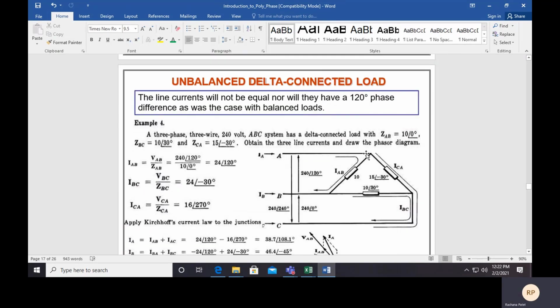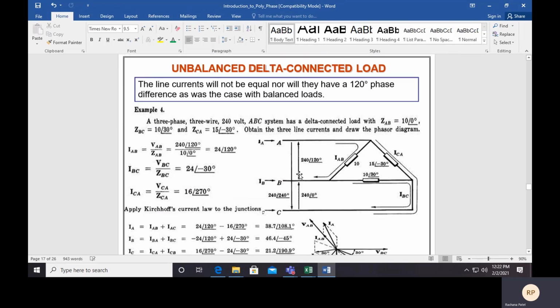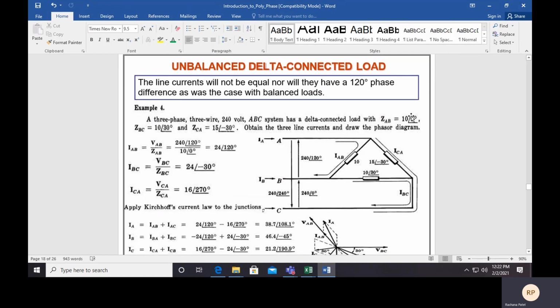Consider a three-phase circuit with an unbalanced system. For an unbalanced system, this is the example. We can easily observe that ZAB, ZBC and ZCA values are given in polar form. One has 10 at angle 0, another has 10 at angle 30, and 15 at 30.